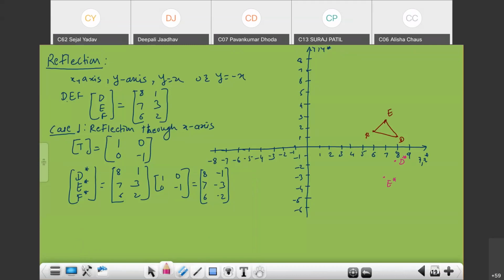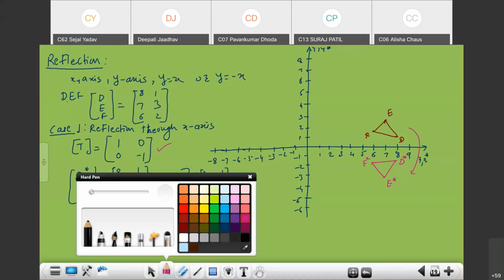And 6 minus 2, that is F star. What do you observe here? It is the reflection through the x-axis. You can observe the reflection through the x-axis with this transformation matrix T.